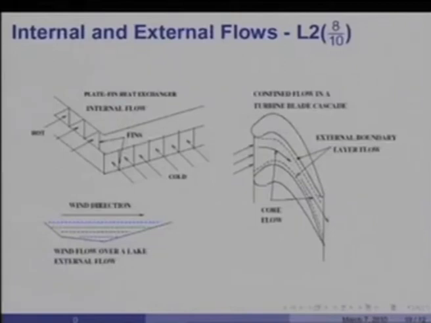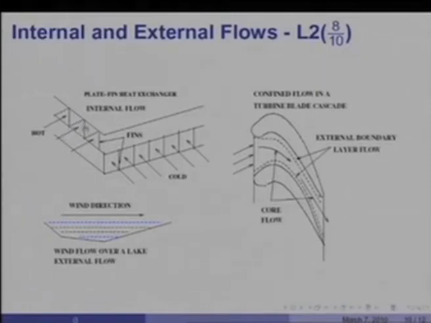Yet another classification is internal flow and external flow. I said we are interested in wall flows, but there are a variety of wall flows. Internal flows are those we call ducted flows. So, for example, here is a case of a pin-fin heat exchanger or plate fin heat exchanger. In this, there is a plate at the top, a plate in the middle, and a plate at the bottom, and between the bottom two plates the flow is from southeast, whereas in the top two plates the flow is from southwest.